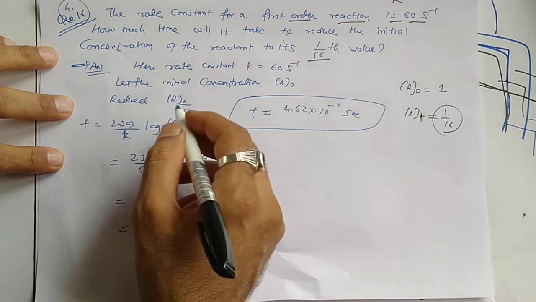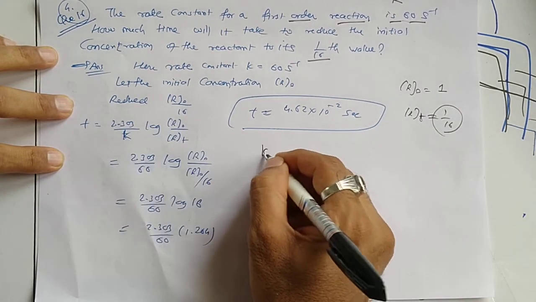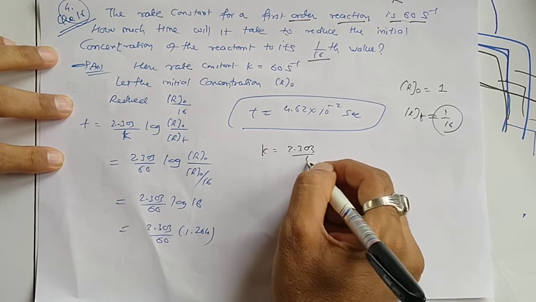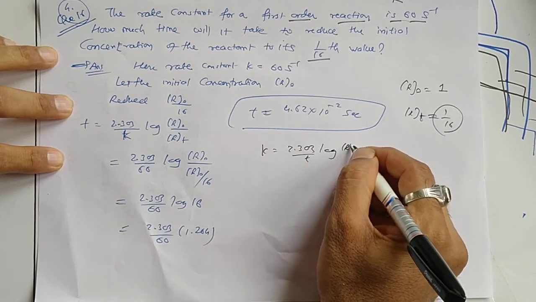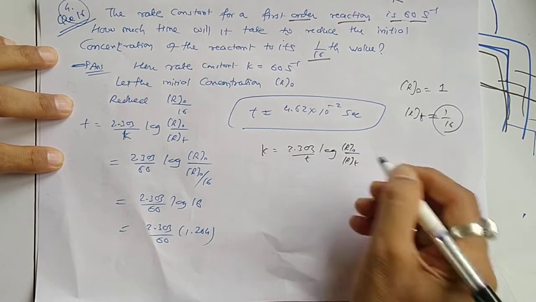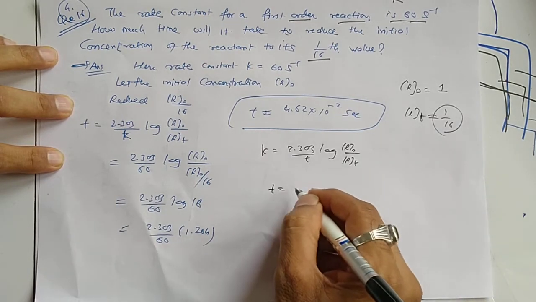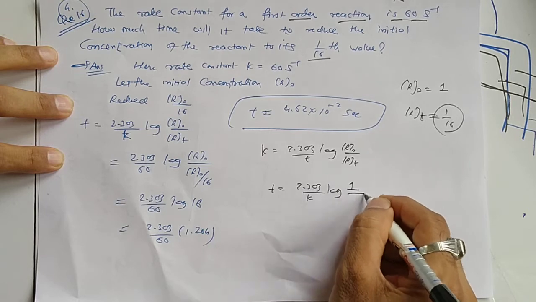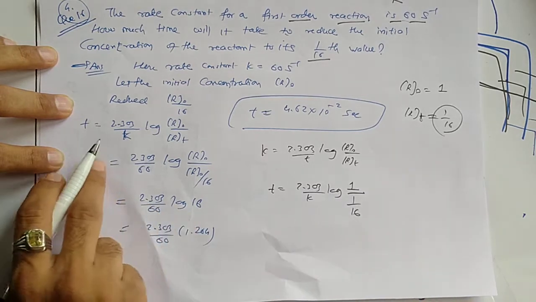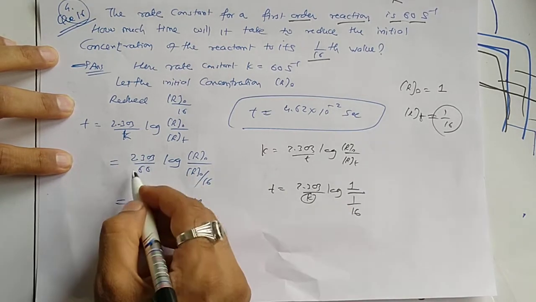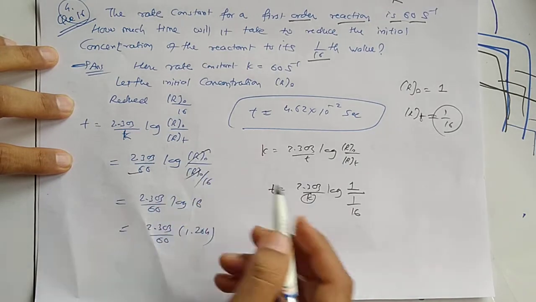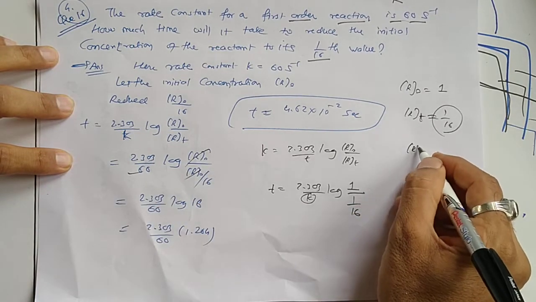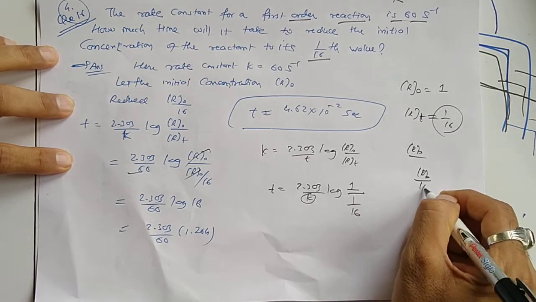So we know k is equal to 2.303 upon t log R0 by Rt. So t equals 2.303 upon k log of 1 upon 1/16. Put down the value of k, 60. We can also take R0 and R0 by 16.